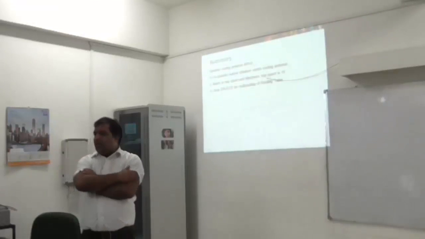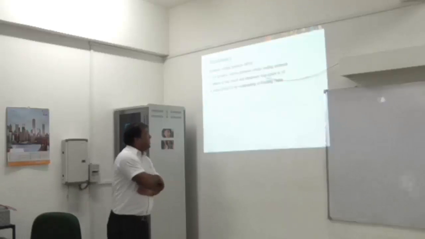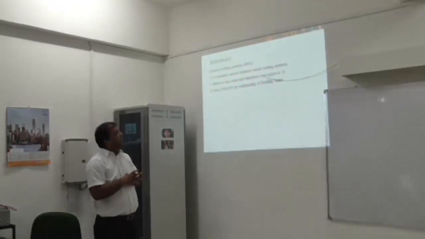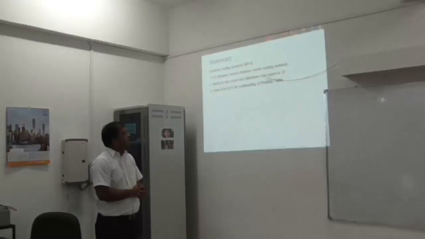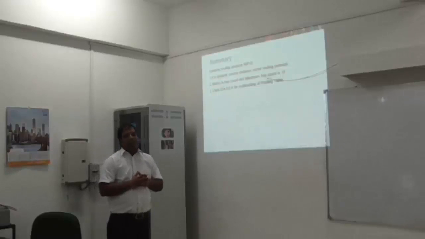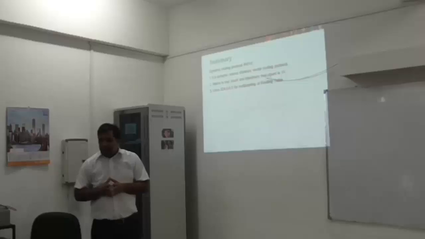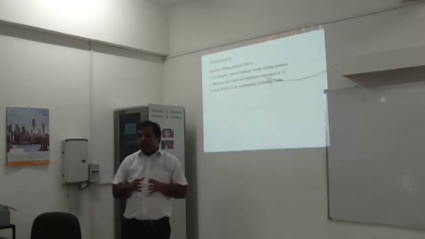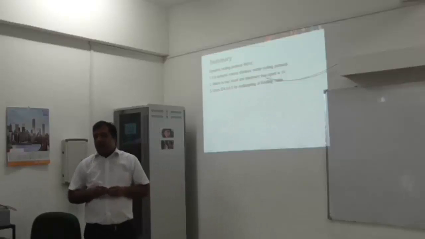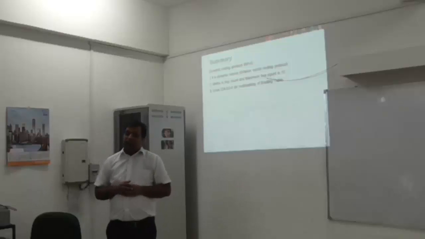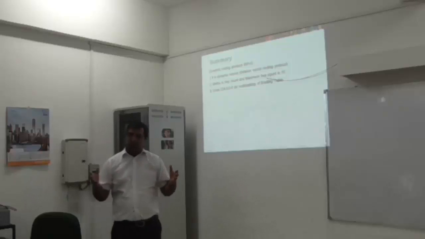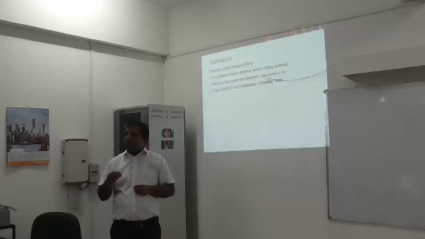So among dynamic routing protocols, RIP version 2 is a dynamic distance vector routing protocol. The metric is hop count and the maximum hop count is 15. It uses 224.0.0.9 for multicasting of the routing table. Whenever there are two or more routers, we can transfer the packet from one side to another.